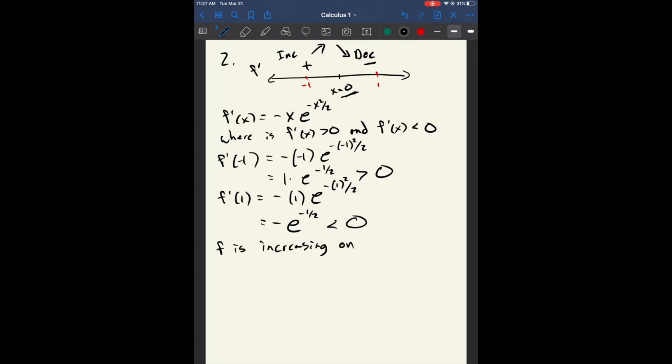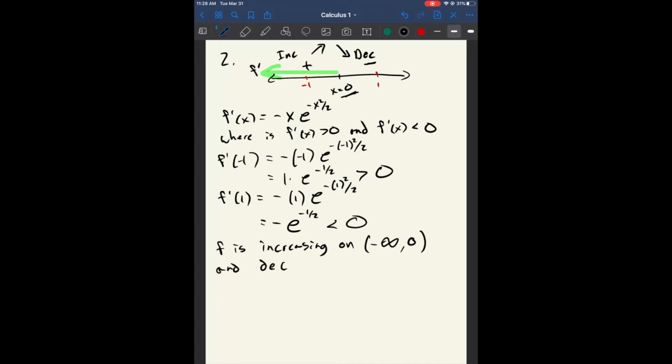But if we're trying to answer this question, we're going to write down: f is increasing on the interval, so it's increasing all the way from -infinity. So we're looking at this whole part of the number line, all the way from -infinity to 0.